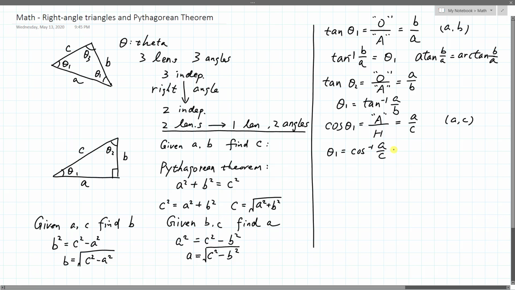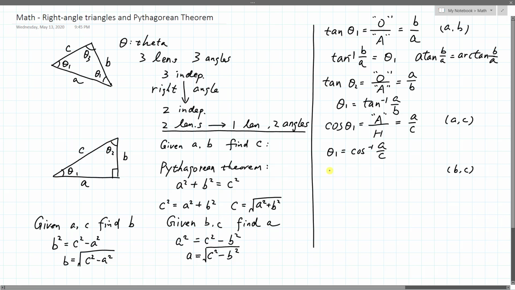Alright, so if you know B and C, for example, then theta 2 here can also be calculated as cosine, but we can also calculate theta 1 here, as there's an opposite and there's a hypotenuse.